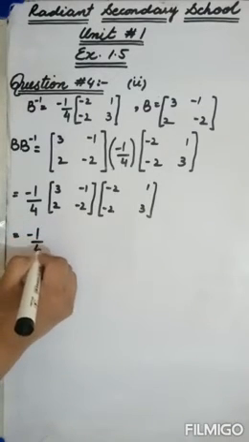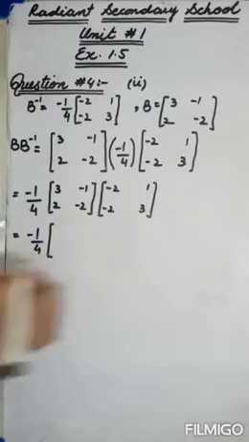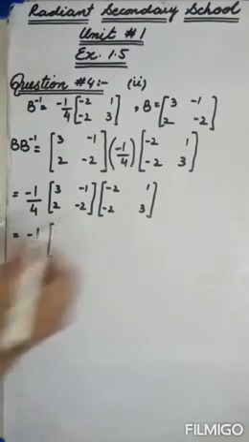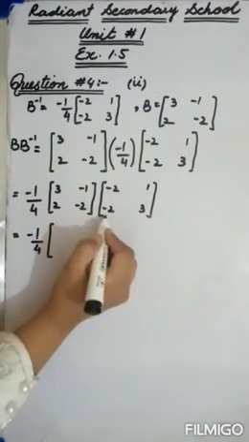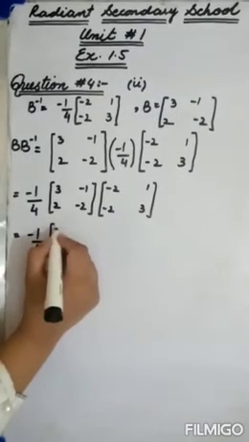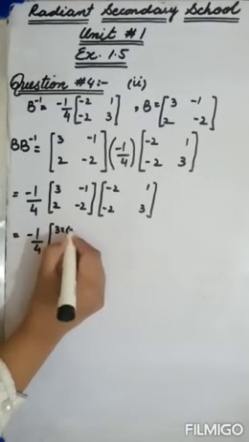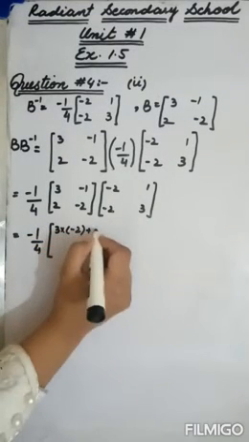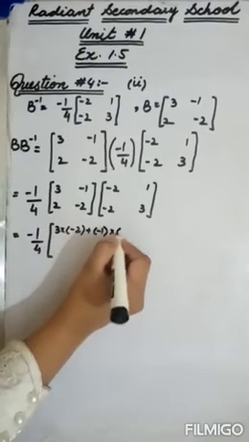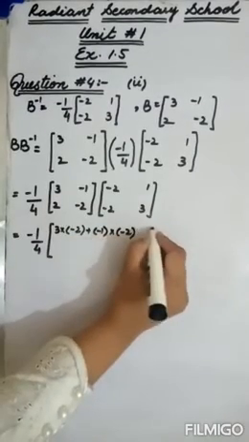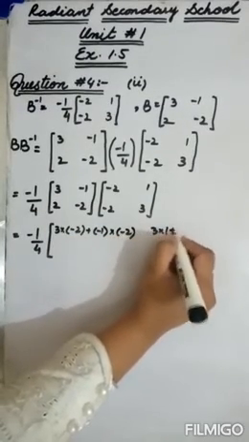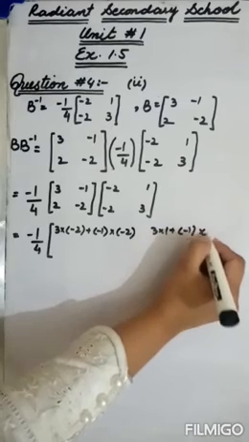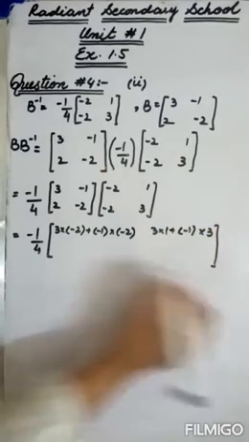Minus 1 by 4. Now with the same procedure, we have to multiply these two matrices. Row will be multiplied by each and every column 1 by 1. 3 will be multiplied by minus 2 plus minus 1 multiplied by minus 2. 3 multiplied by 1 plus minus 1 multiplied by 3.